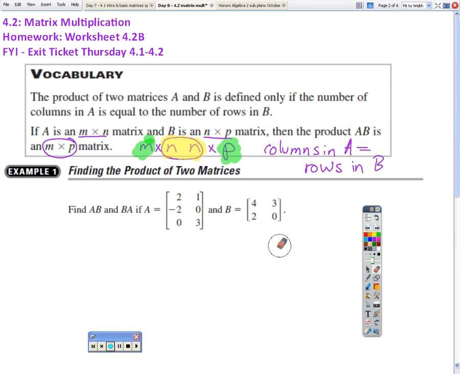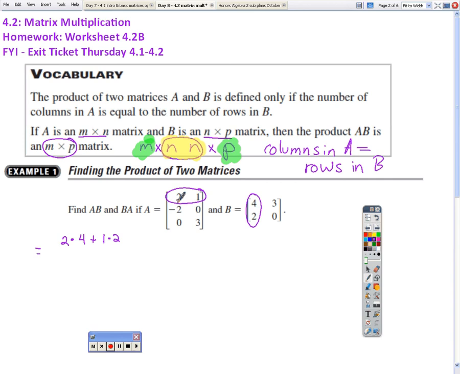Remember, if at any point I'm going too fast, you can always pause the video and go back. And we're going to multiply. When we multiply matrices, we multiply them row by column. So we circle the first row in A and the first column in B. Our first product is going to be 2 times 4 plus 1 times 2.